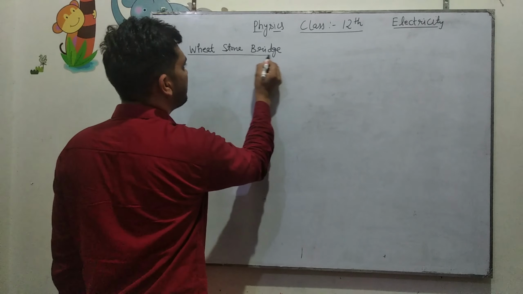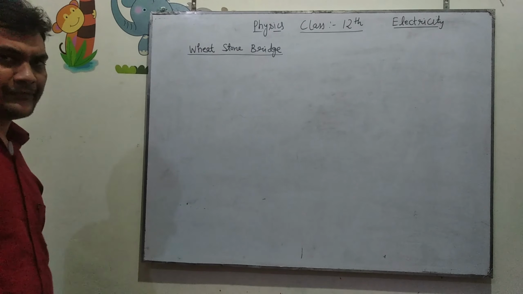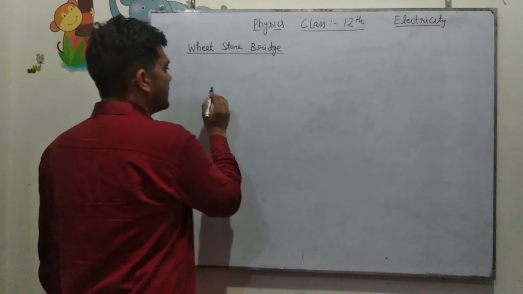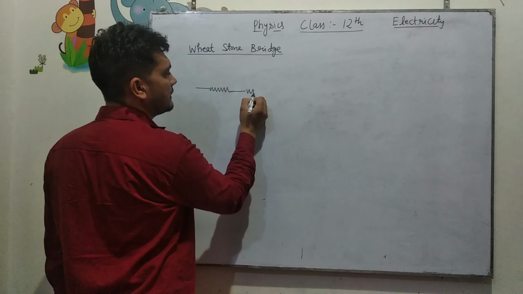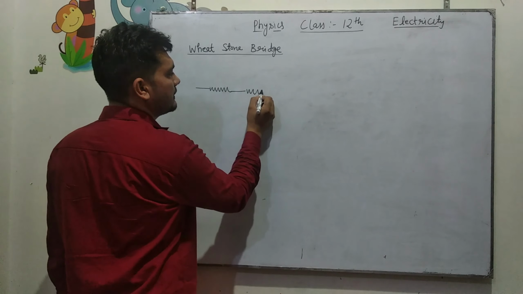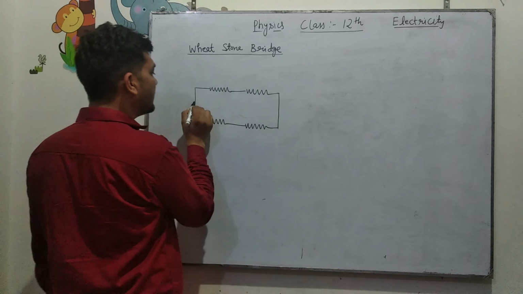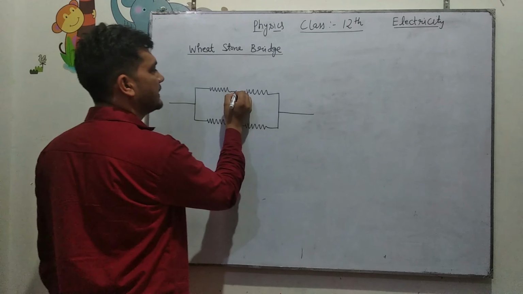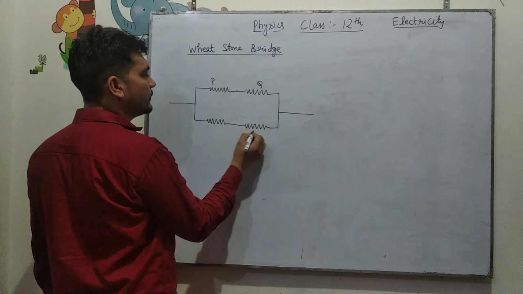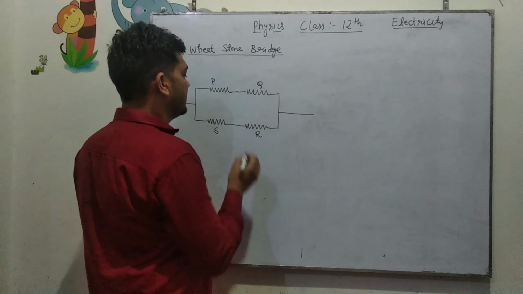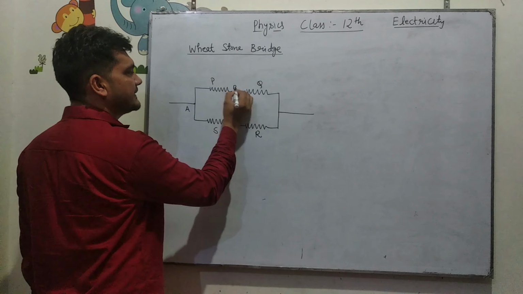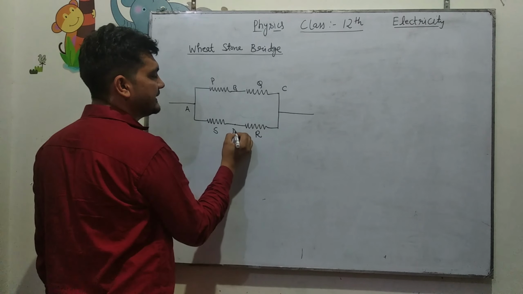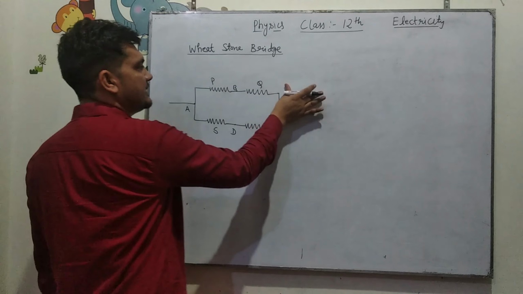First we have the Wheatstone bridge. If you are given 4 resistances, these are P, Q, R, S. These are 4 resistances, say, and these points are, say, this is A, this is B, this is C, this is D. Okay, these are the points.